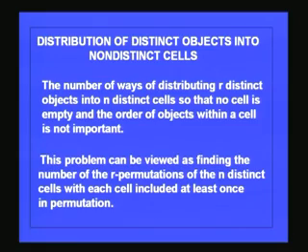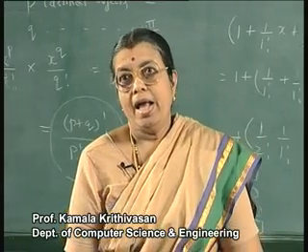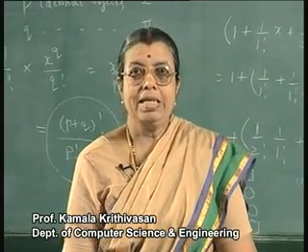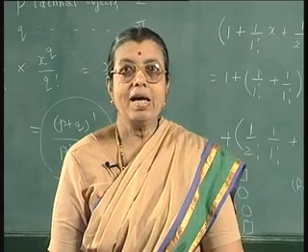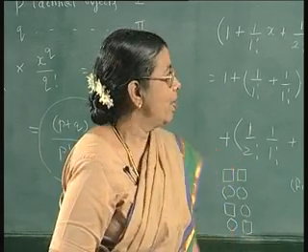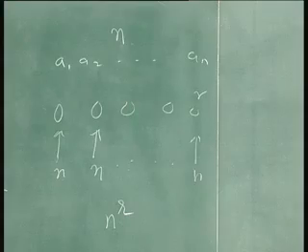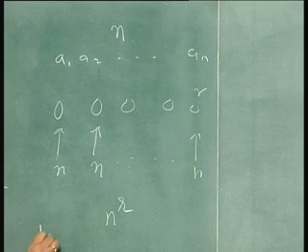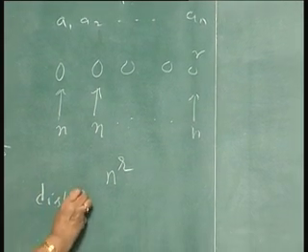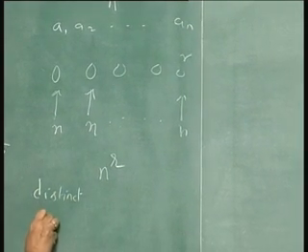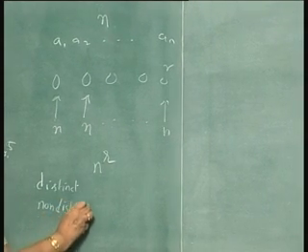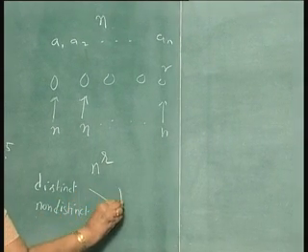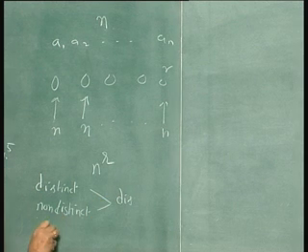Earlier we considered distribution of distinct objects into distinct cells, and we also considered the distribution of non-distinct objects into distinct cells. So, what we considered earlier is this: distinct or non-distinct objects, both we have considered earlier, into distinct cells.